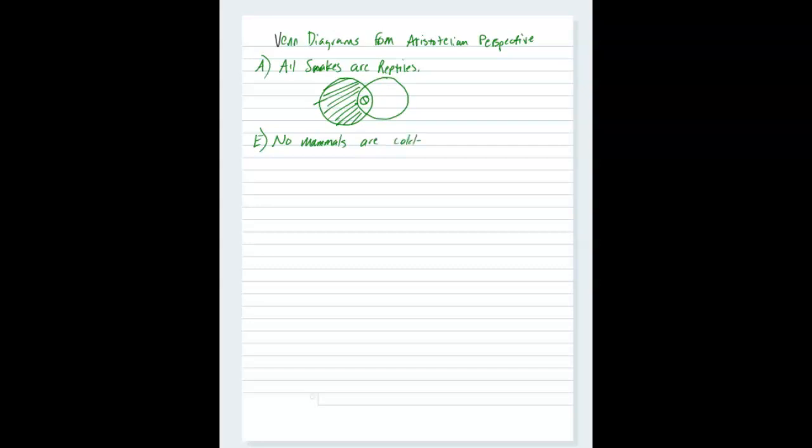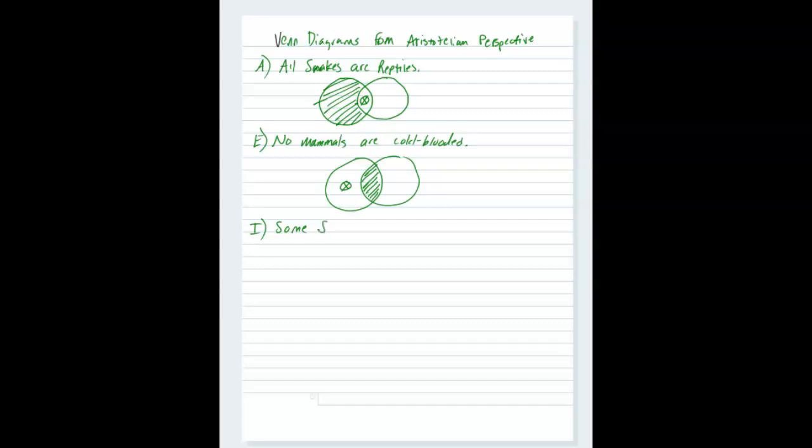Okay, from the Boolean perspective, all we had was shading in these diagrams, and that represented the fact that universal propositions from the Boolean standpoint do not have existential import. From the Aristotelian standpoint, however, if you recall, universal propositions about existing things do have existential import, and so we're going to represent that with the circled X.